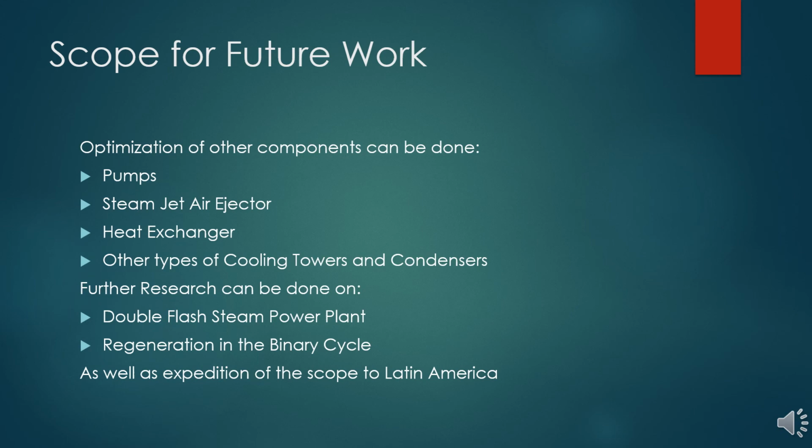Future work can focus on the optimization of other components such as pumps, steam air ejectors, heat exchangers, other types of cooling towers, and condensers. Further research can be done on the double flash steam power plant and regeneration in the binary cycle, as well as expansion of the scope to Latin America.